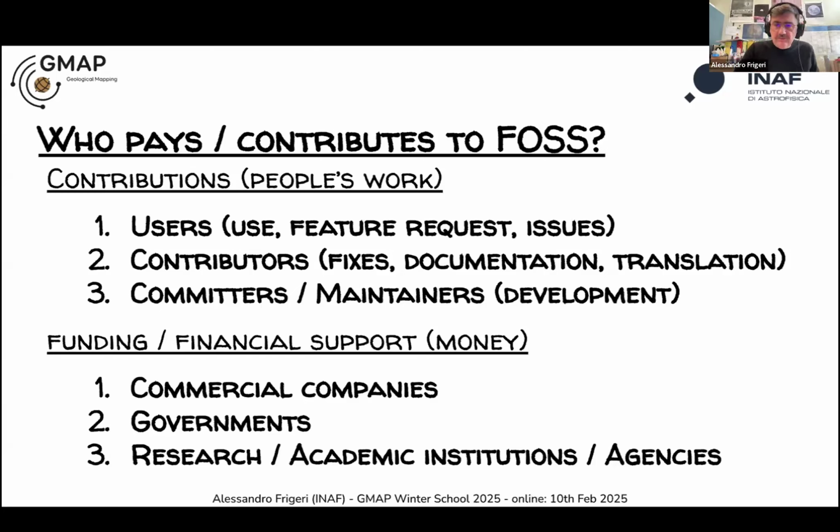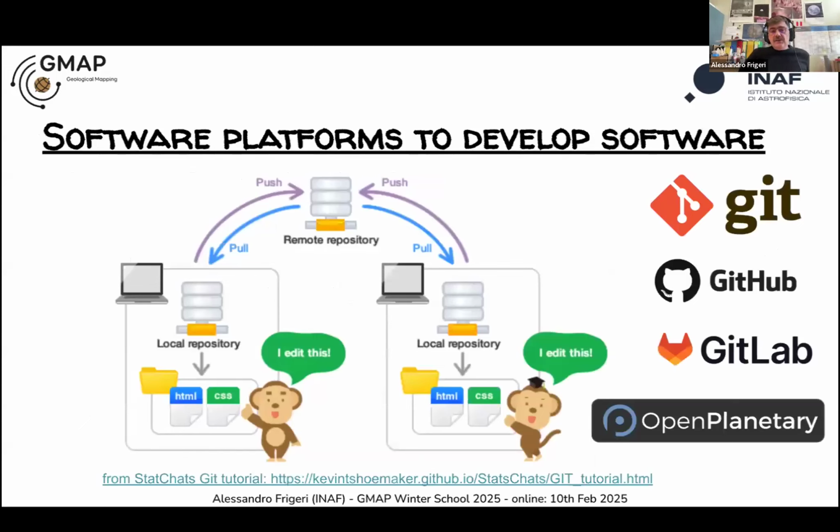Or universities, of course, that use the software, but also contribute to its development. So that is one kind of aspect which is important, that free open source software comes at no cost, but it has a cost. So how these mechanisms work. So this is interesting.